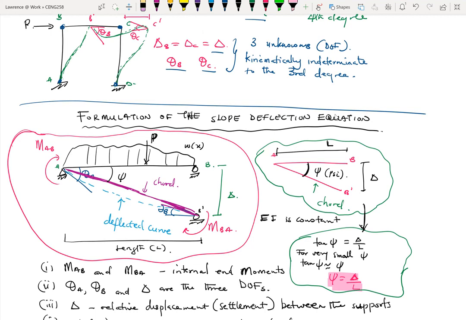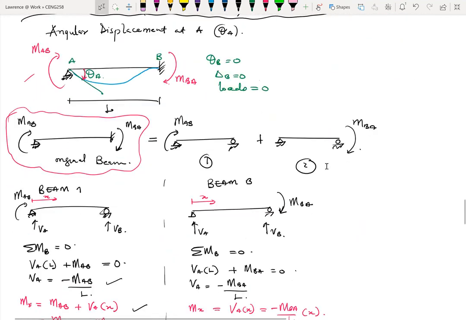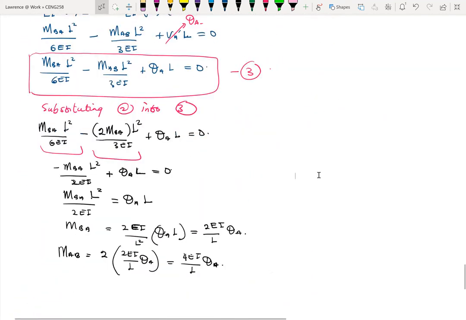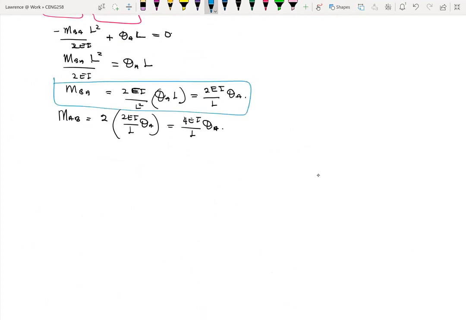Let's formulate equations for when we have only theta A, which is what we are trying to do. Then we get the moment in terms of theta A, which was the final answer we had here. These two right here, and then this one.